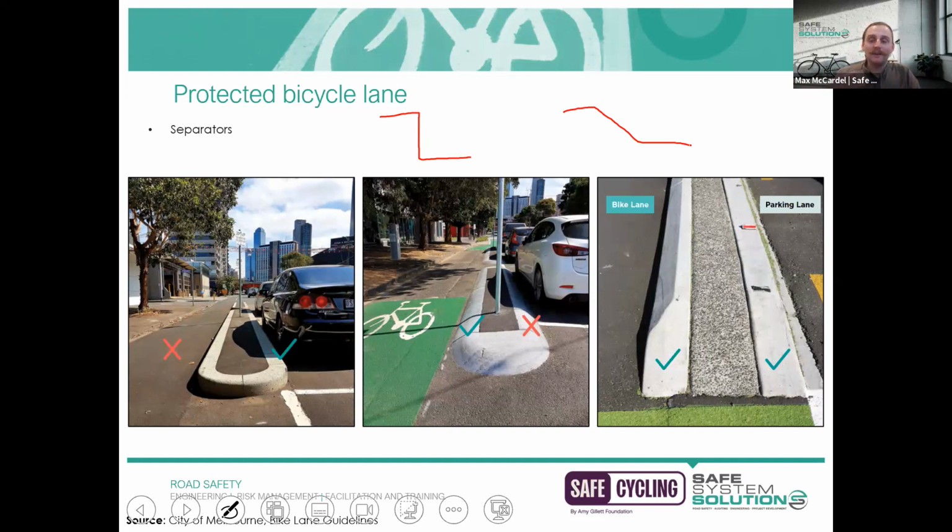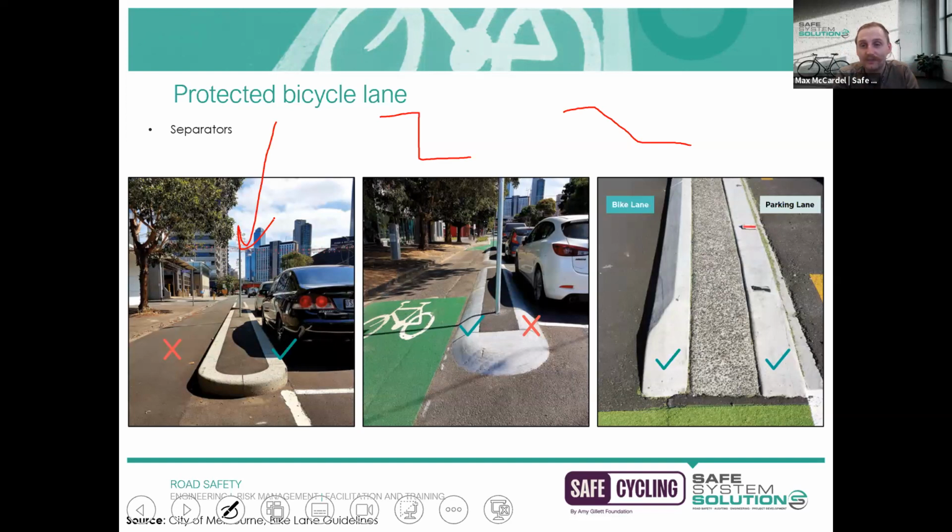And the way that we like to see our protected bicycle lanes installed is we like to have a barrier curb installed where the parking lane is adjacent and something that is semi-mountable adjacent the bicycle lane. So just to take you through that on the images, on the left-hand side image, I've got a barrier curb both on the bicycle lane and the parking lane.